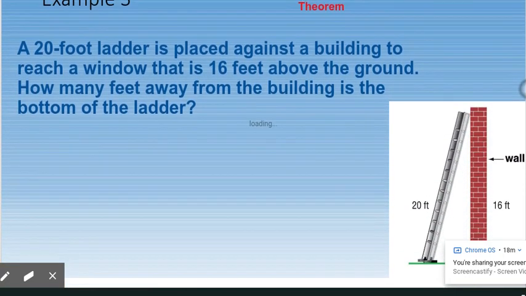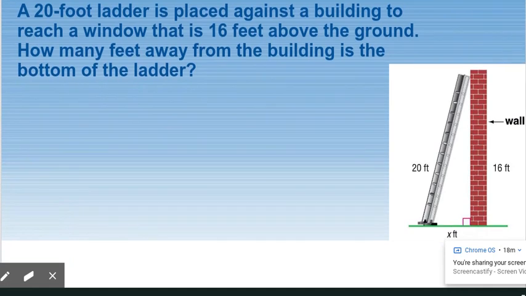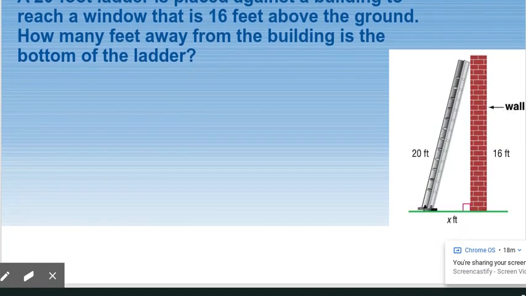Now, here are some word problems that deal with this. Here's the first one. A 20-foot ladder is placed against a building to reach a window that is 16 feet above the ground. How many feet from the building is the bottom of the ladder? Okay, so if you wanted to make sure you were able to reach that, what does this have to be?